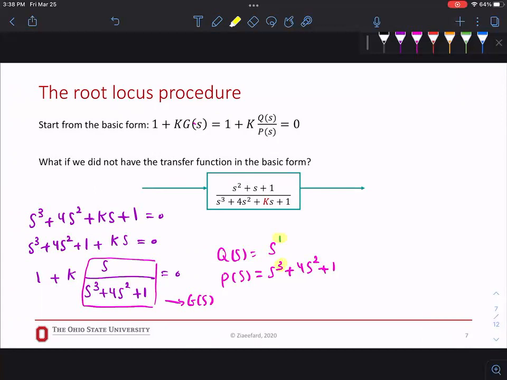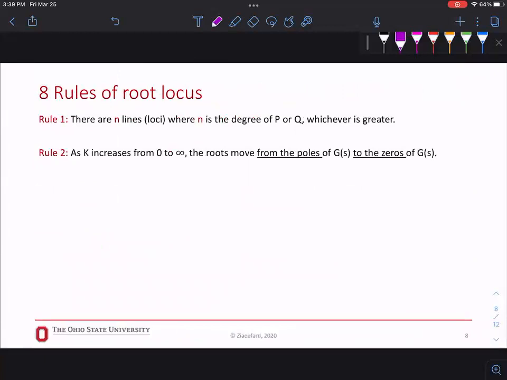So that's a degree. Which one is higher? 3. I'm going to expect 3 of those lines. So there will be 3 colors. That's rule number 1. You need to know how many lines are going to be there.